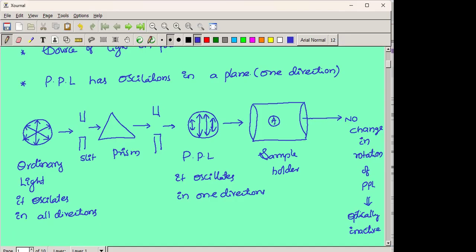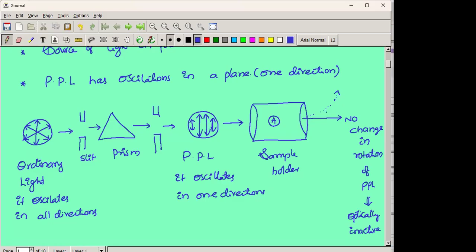But here I am going to take this sample molecule. It has the capability to rotate this plane polarized light in this direction. So this is the rotation.